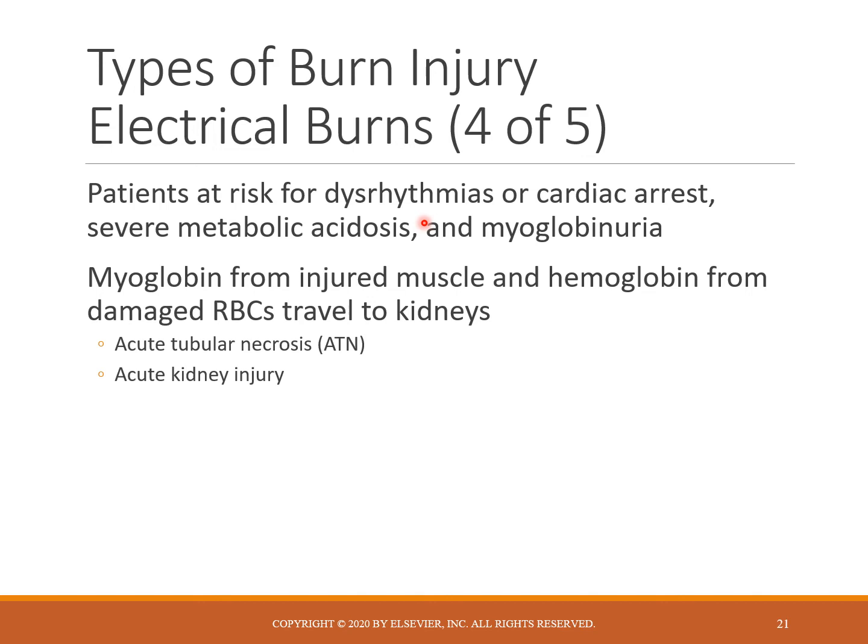Okay, and when you look at the myoglobin level, you might see some myoglobin in the urine, and this tells you that it is released from injured muscle, and hemoglobin from damaged RBCs. This happens when there is an injury going on inside the body, and it can travel to the kidneys, causing more problems, which are acute tubular necrosis and acute kidney injury. And if you remember, acute tubular necrosis is a type of intrarenal acute kidney injury.